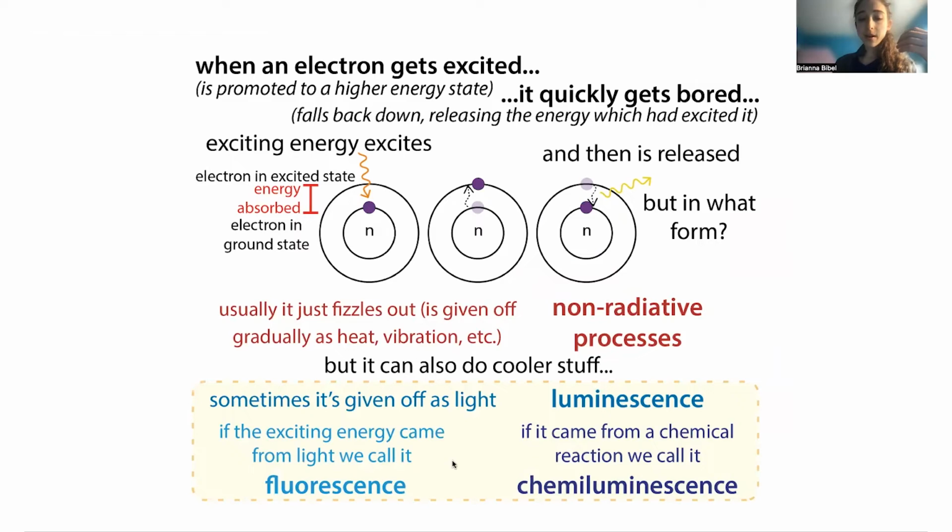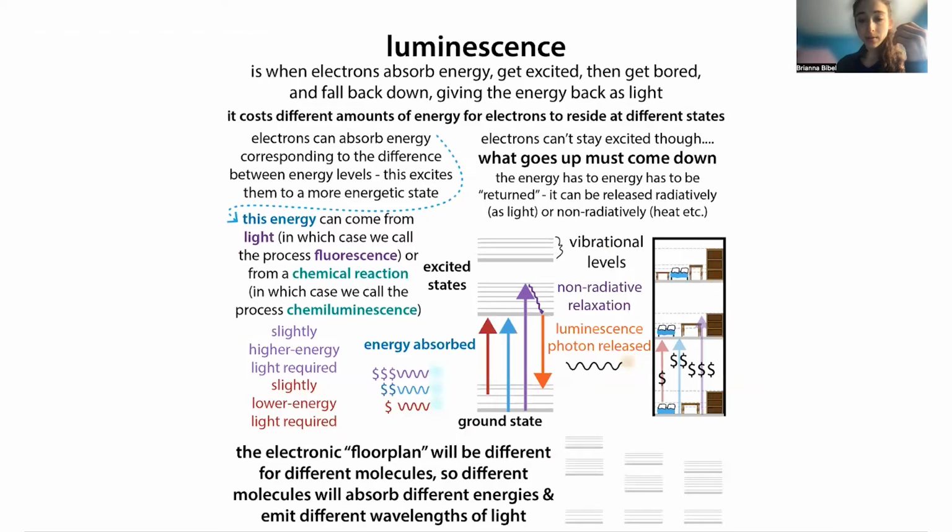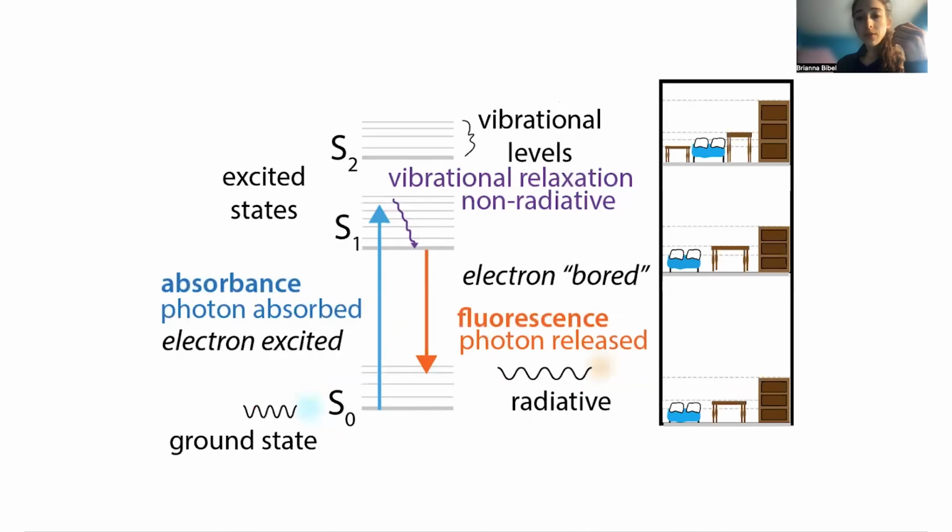If it comes from light, we call it fluorescence. Remember, we were just talking about how light is energy, those little packets of energy. If the packets have exactly the right amount of energy to excite you from one floor of that apartment to another floor, then this molecule can actually absorb it.